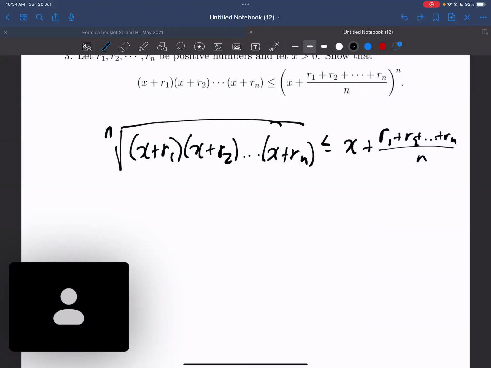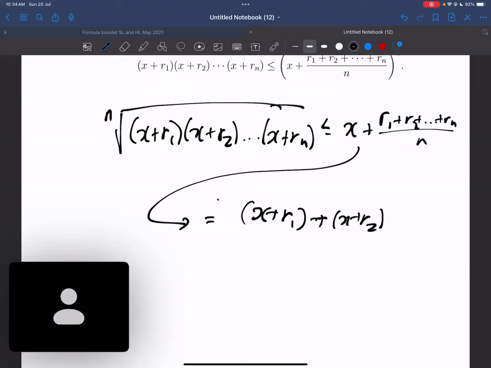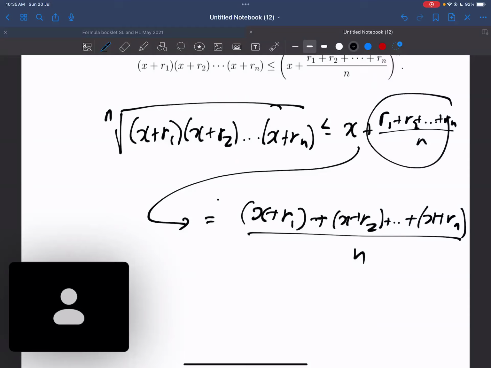So over here, this thing equals x plus r1 plus x plus r2 plus x plus rn, divided by n, right? Because all the r1 plus r2 plus rn corresponds to this. And then your x is the same as x plus x, n times, right?